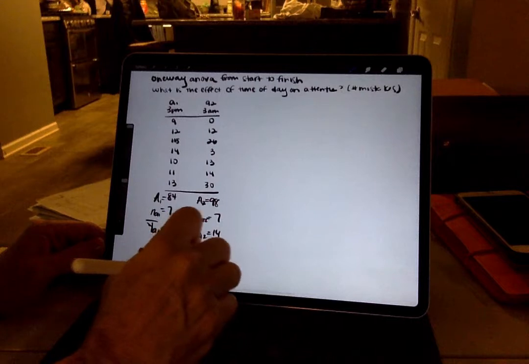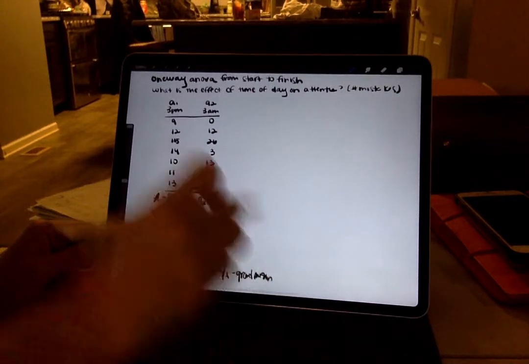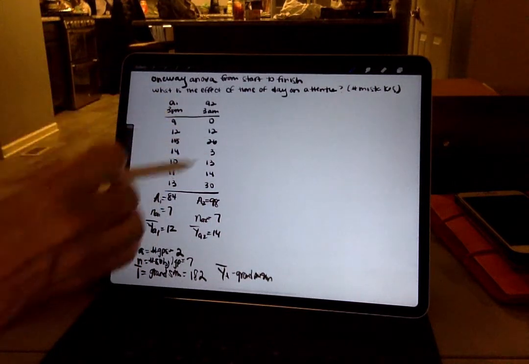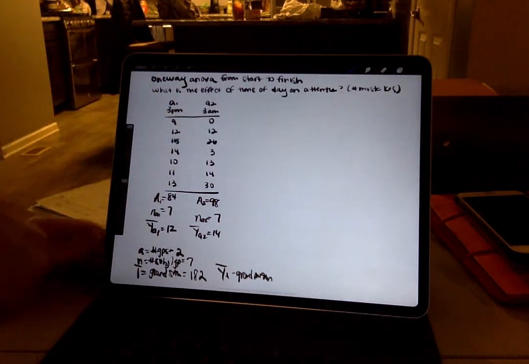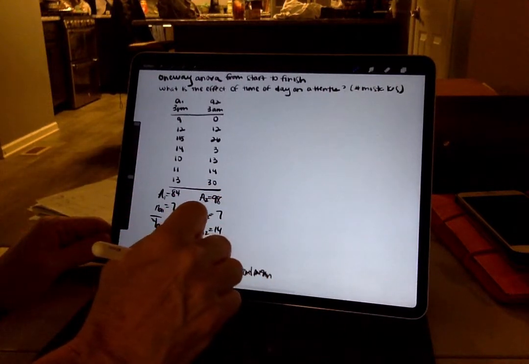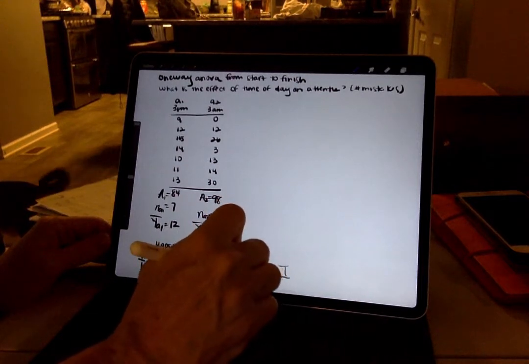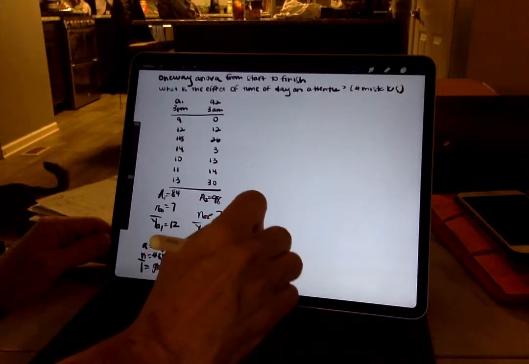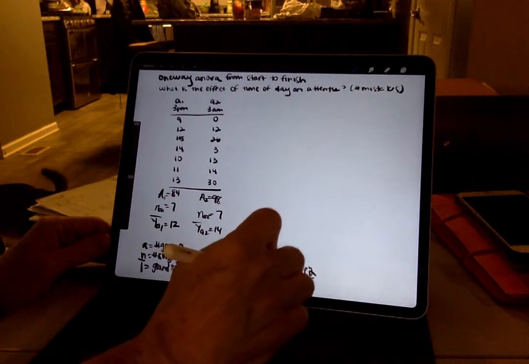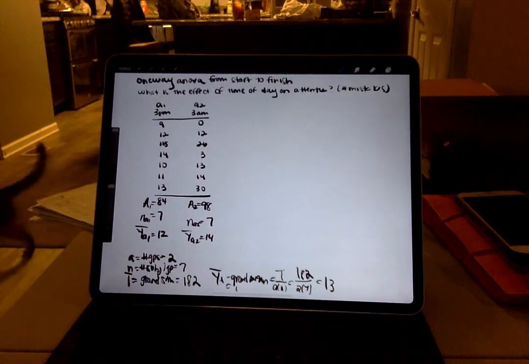Y bar T is the grand mean, which is the mean of all the scores. So it's all these added together, divided by 14. The formula for this, I'll do it over here, is capital T divided by little a times little n, which is 182 divided by 2 times 7, which is 13.